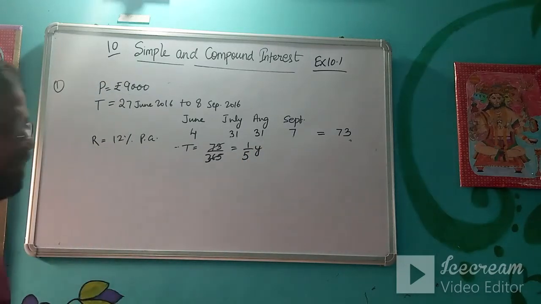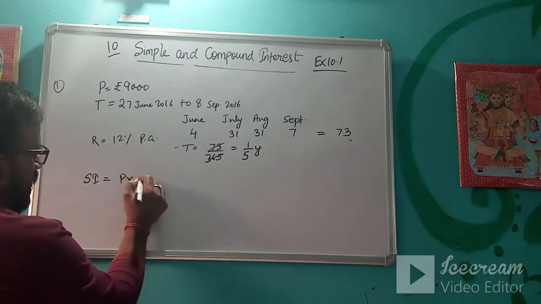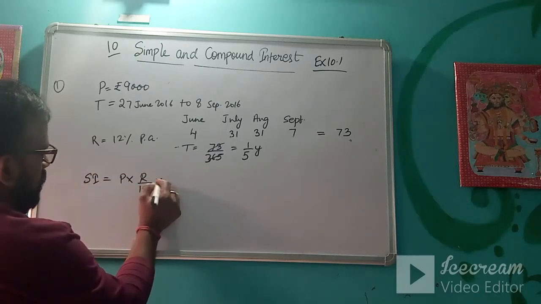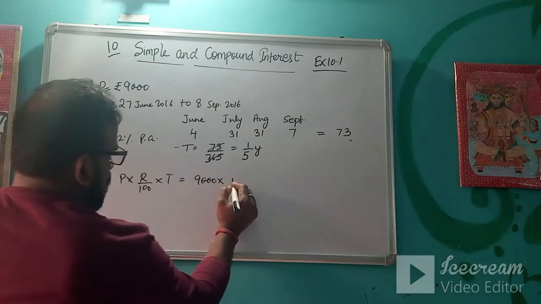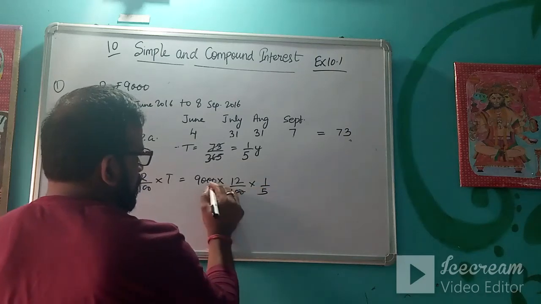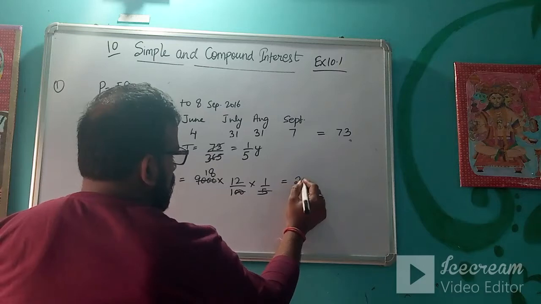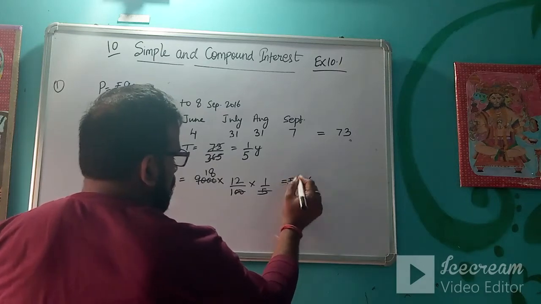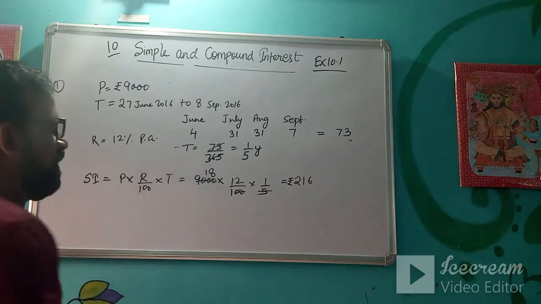This is the time. Now we will calculate simple interest. P into R upon 100 into T, that is 9000 into 12 upon 100 into 1 upon 5. So what is the simple interest? 216.